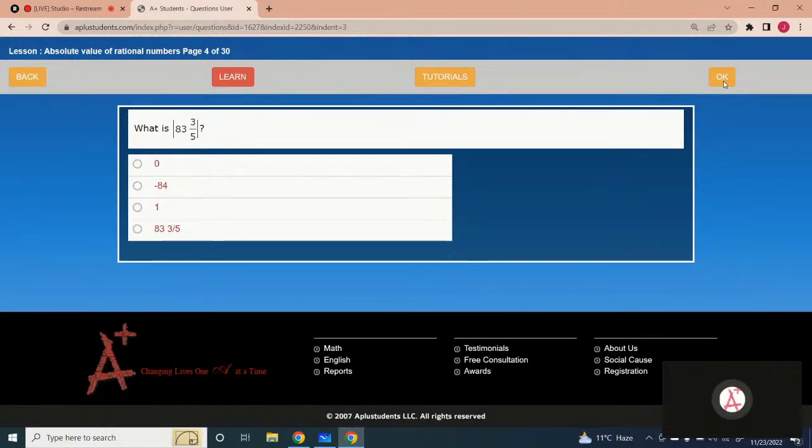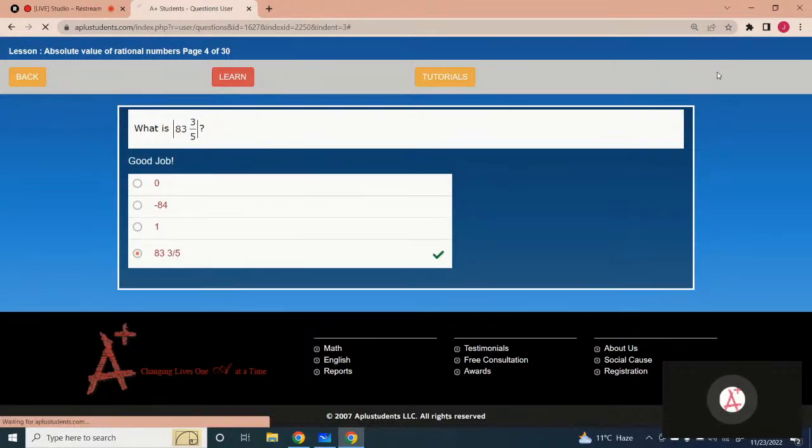Got it? 83 whole 3 over 5 is the same number. Good. Just select the correct option, then click on the OK button.